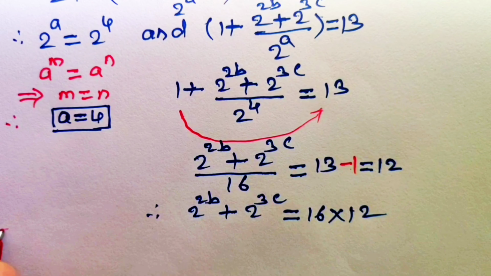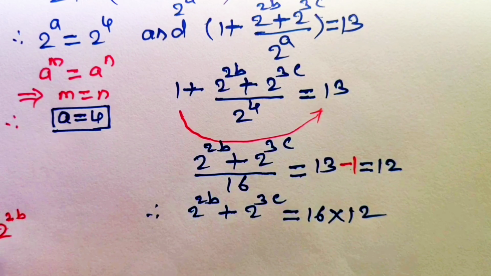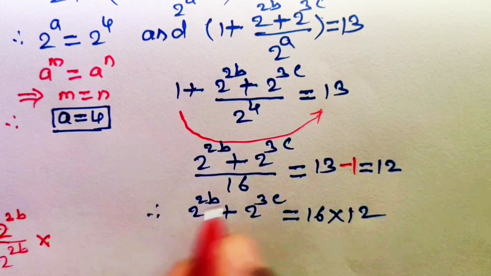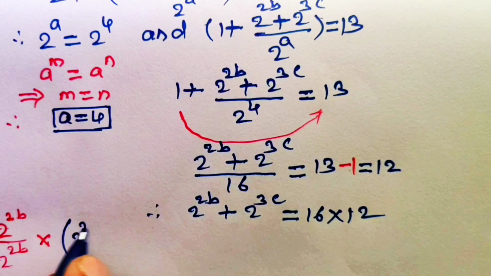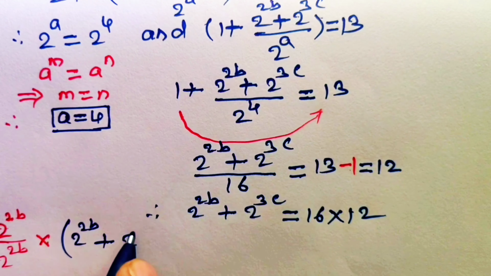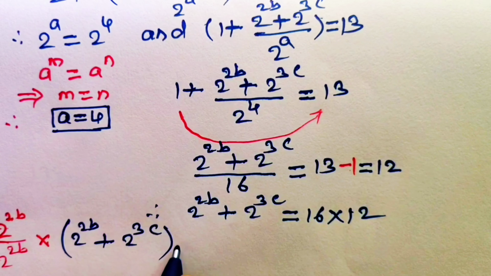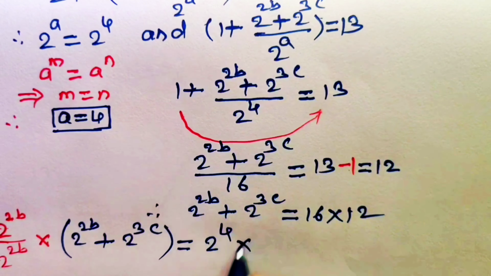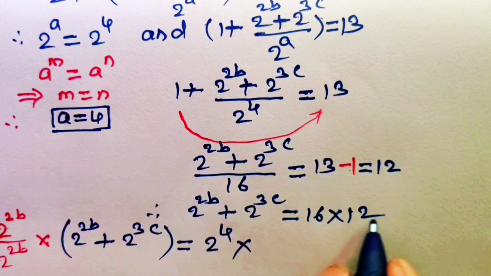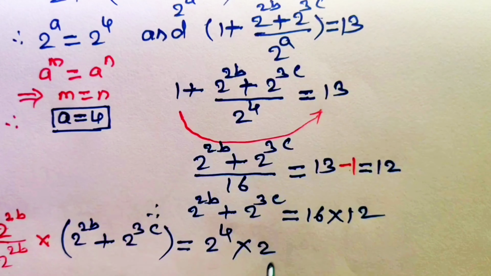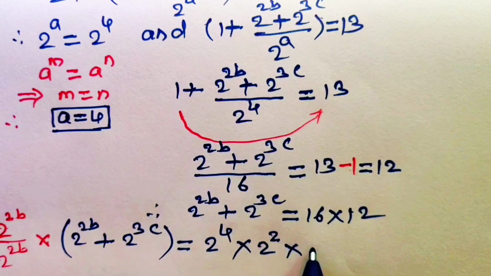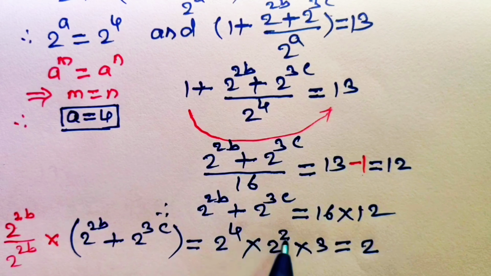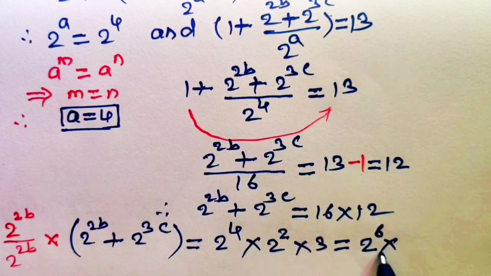Hence we can write 2 to the power 2b divided by 2 to the power 2b into this left hand side 2 to the power 2b plus 2 to the power 3c bracket close is equal to 16, which can be written as 2 to the power 4 into 12 in terms of 2. 4 into 3 is 12, so 2 to the power 2 into 3. Hence this is equal to 2 to the power 4 plus 2 to the power 6 into 3.